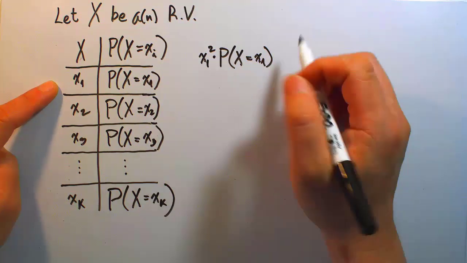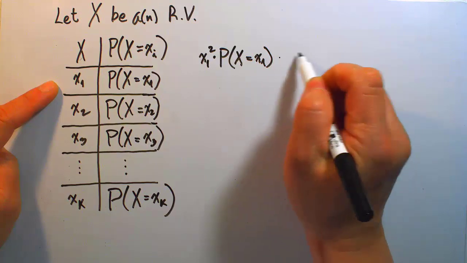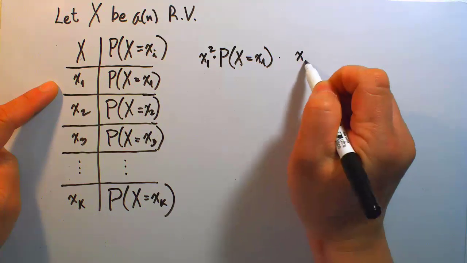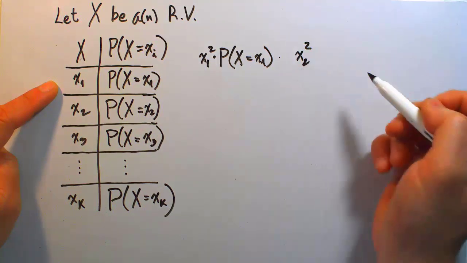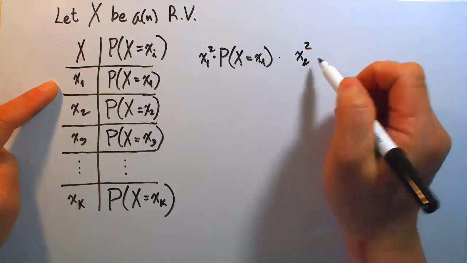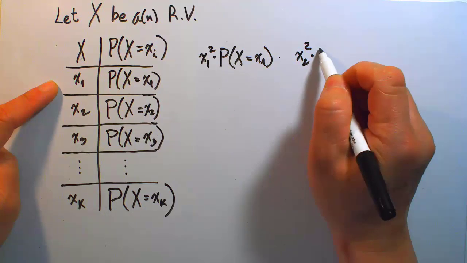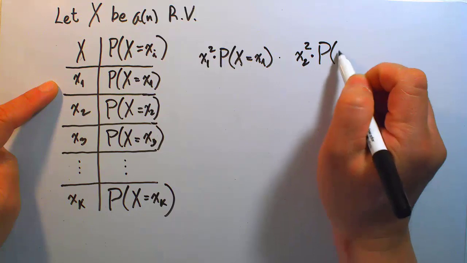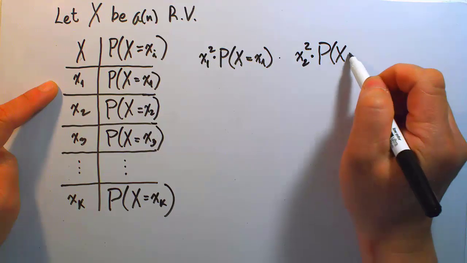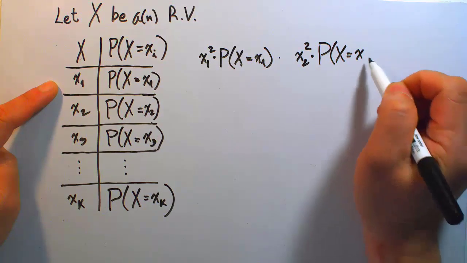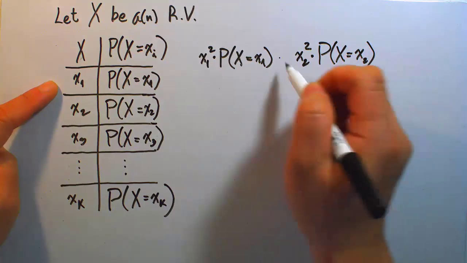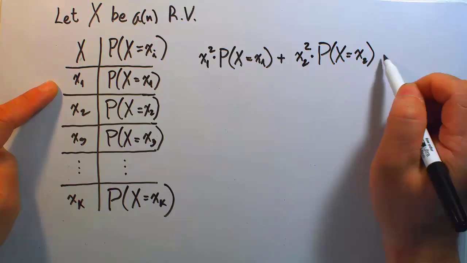Then we advance to the next entry, square the value x2, and multiply that square of x2 with the probability when capital X equals x2. And we add these two.